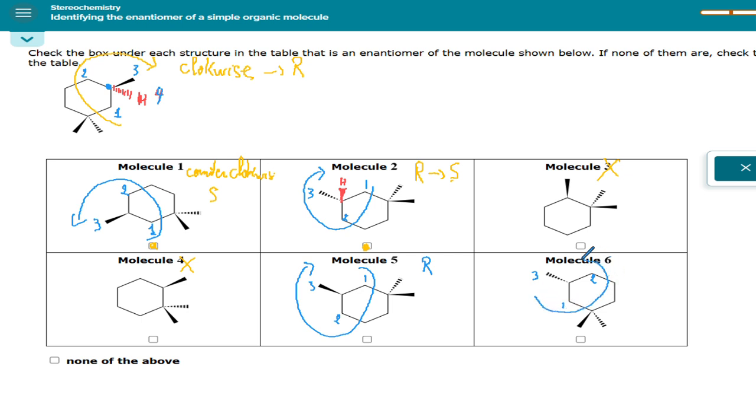It's counterclockwise, but since I have a dash here and the hydrogen is on the wedge, I have to flip it and make it R. And R is the same as the original one, so that's not an enantiomer. So the only ones that are enantiomers are molecules 1 and 2.